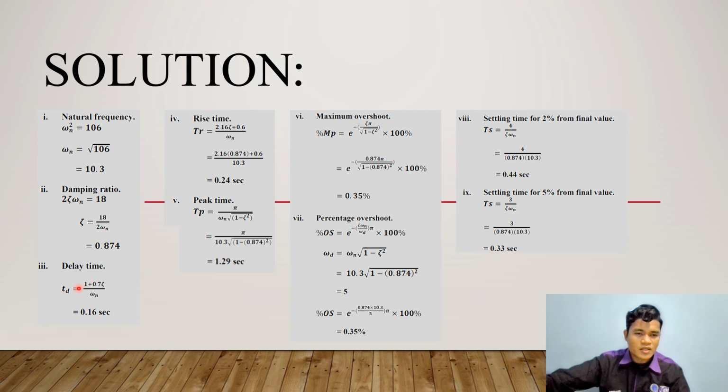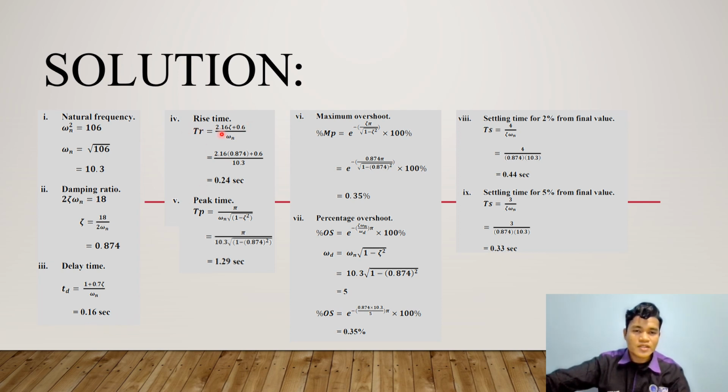Okay, for delay time, Td equals 1 plus 0.7 zeta over natural frequency. 1 plus 0.7 damping ratio over natural frequency. So we have natural frequency, we have damping ratio, then we just convert: 1 plus 0.7 times 0.874 over 10.3, then we got 0.16 second.